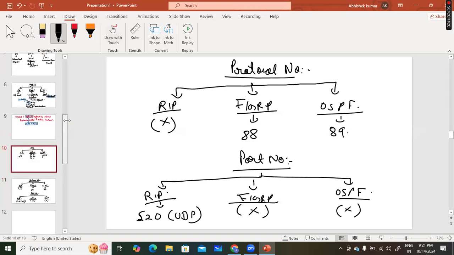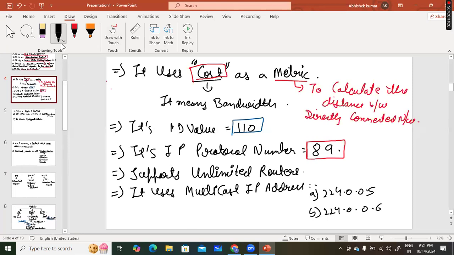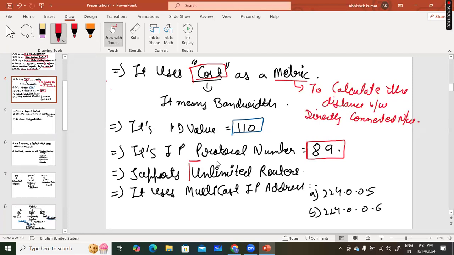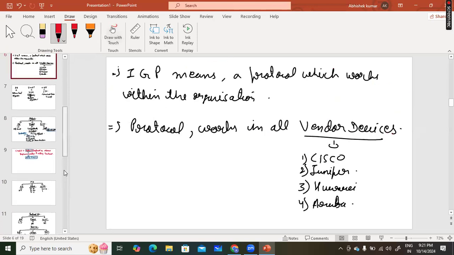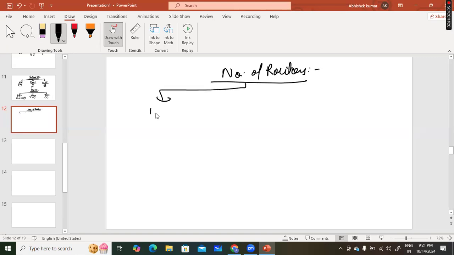Next point: in the case of OSPF, how many routers does it support? Unlimited routers. And when we compare this with RIP and EIGRP, what is the number?